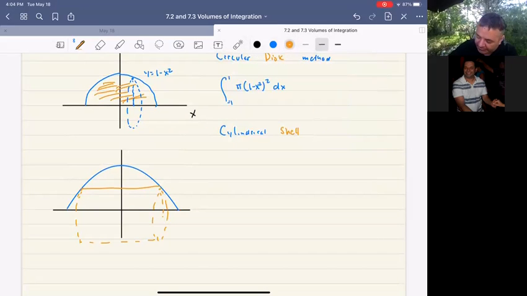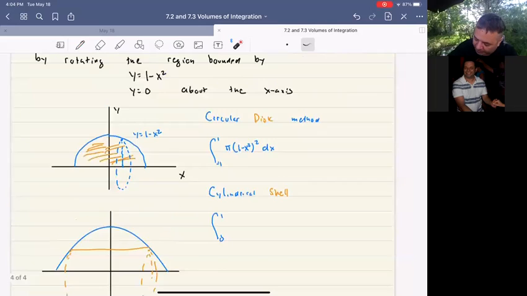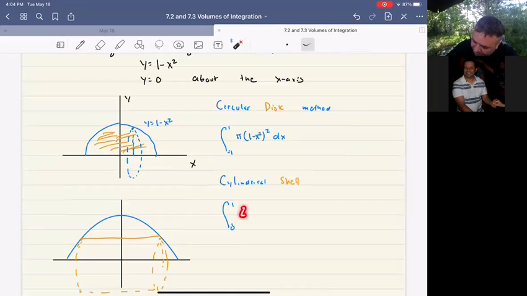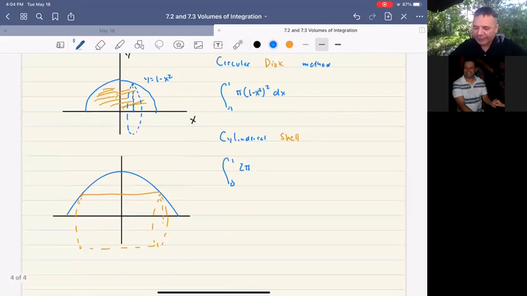Well, we're going to integrate from 0 to 1 because we're integrating in y. Now, let me do the 2 pi, okay, because there's a 2 pi for the surface area of a cylinder.